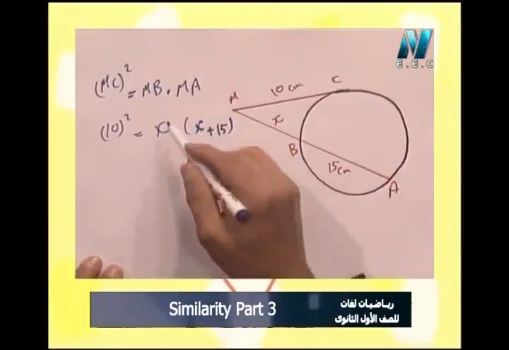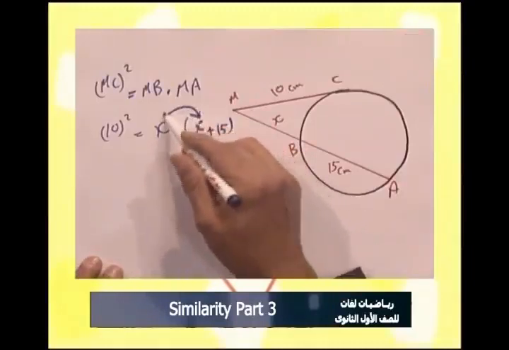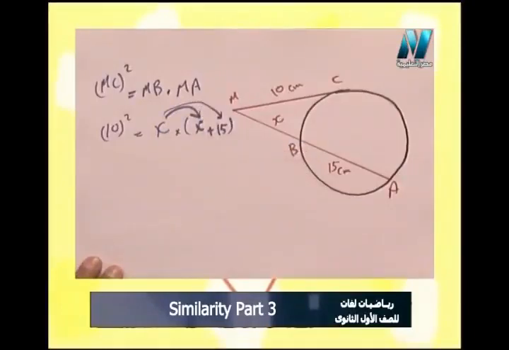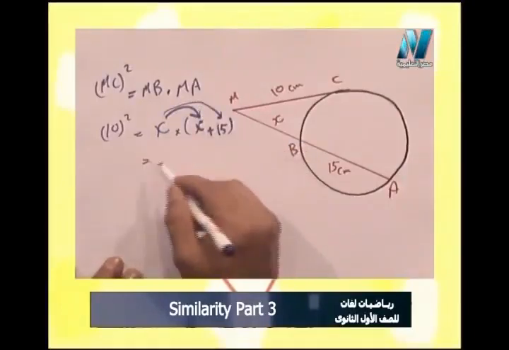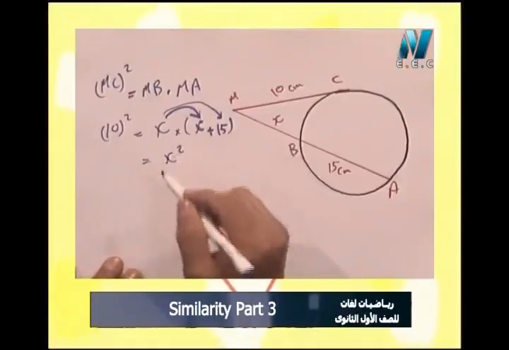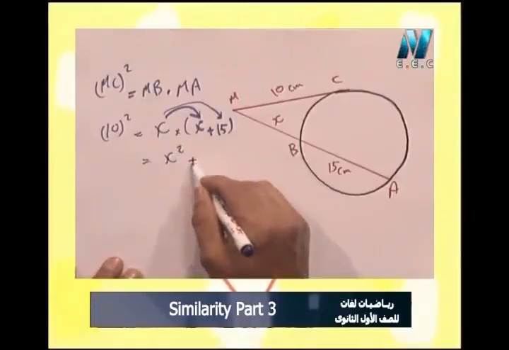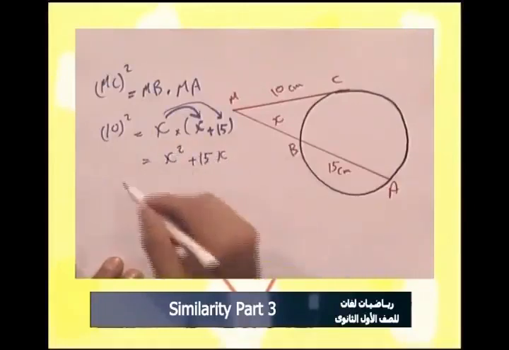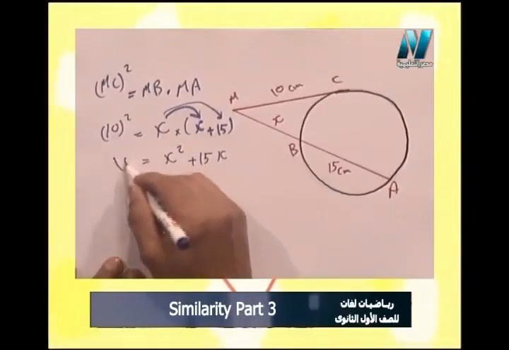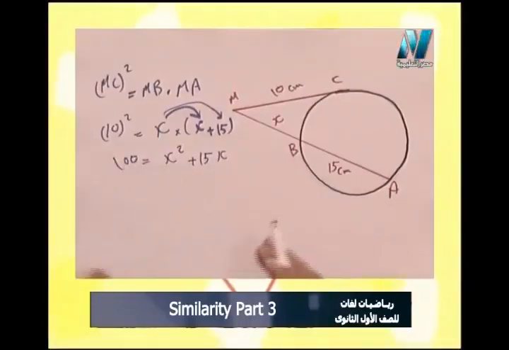We expand: X multiplied by X and X multiplied by 15, so it's X power 2 plus 15X, and this equals 100.